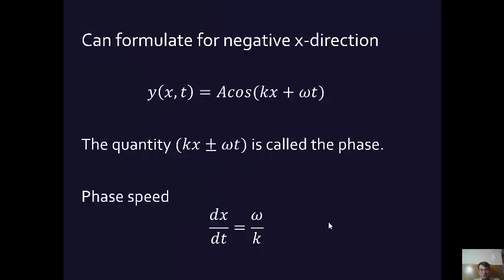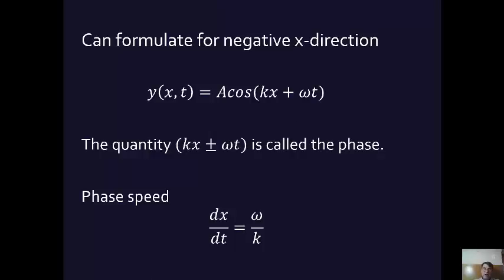Okay, now last slide in this video. You can also do everything that we've just done for a negative direction. So everything that we've just done, we've done for a positive direction, and it ended up being a cosine of kx minus omega t. You can also calculate it for the negative direction of a wave, and then instead of it being minus omega t, it becomes plus omega t.